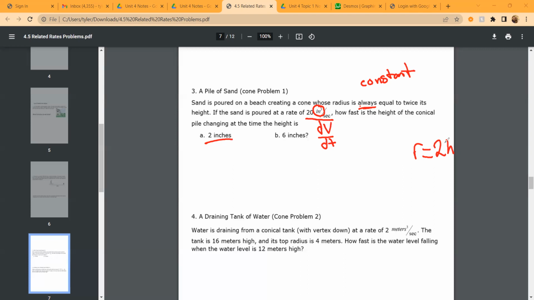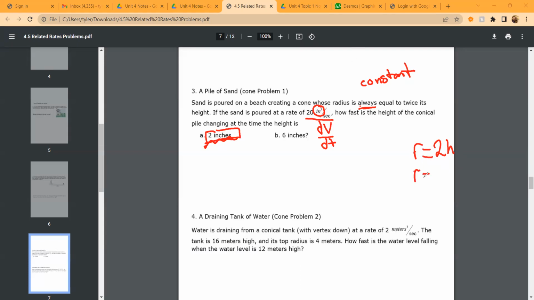And so we also can say, all right, well, we can use that when we're dealing with how much this is changing. And so if we know how fast is the height changing at the time the height is 2, sorry, I said radius, I meant height.